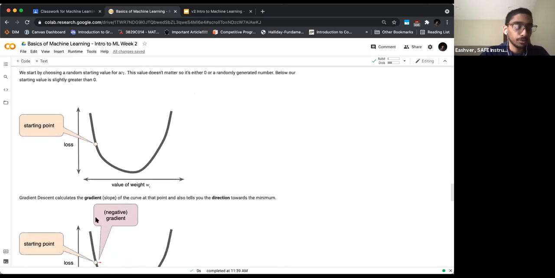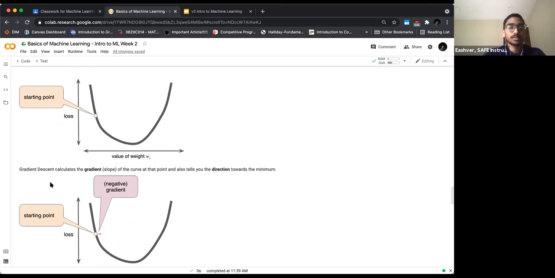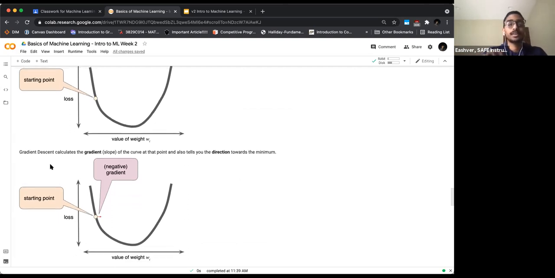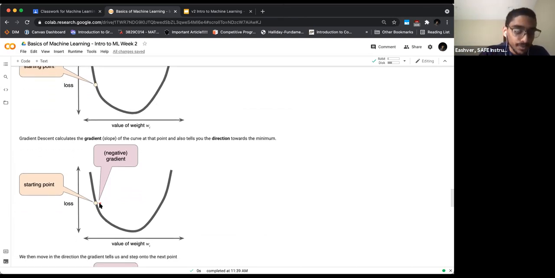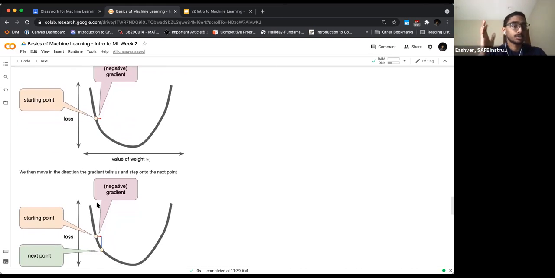We calculate the slope at that point. That'll tell us not only the magnitude of the slope at that point, but also the direction towards the minimum, which is key since we need to point towards the minimum. There's an arrow right there describing what that gradient is. Gradient here is synonymous with the slope of the function.